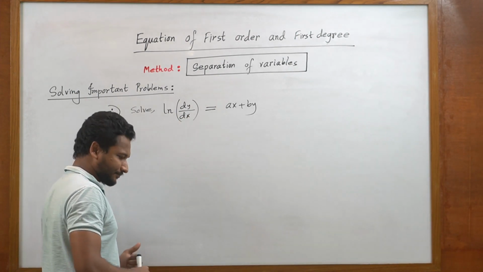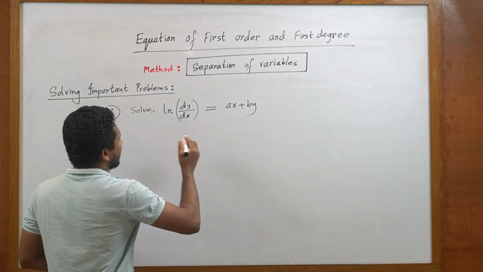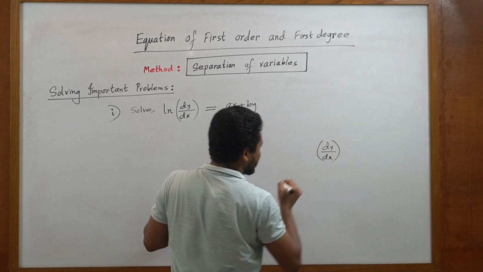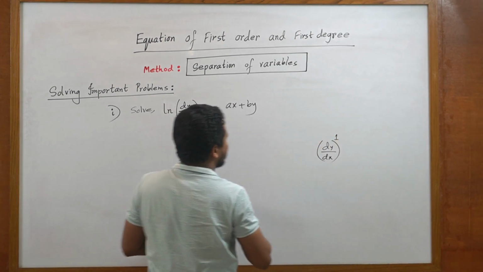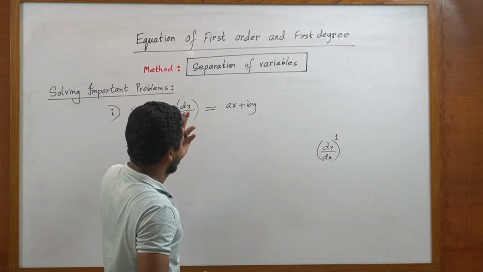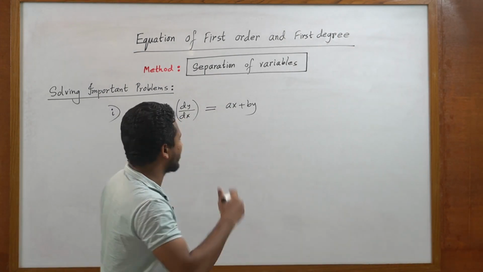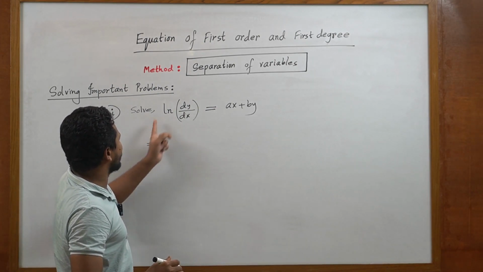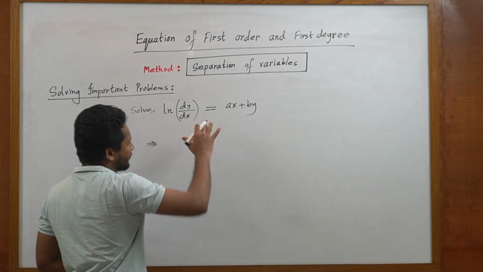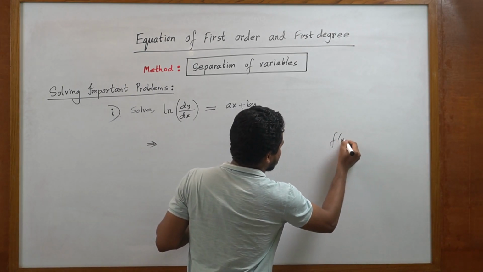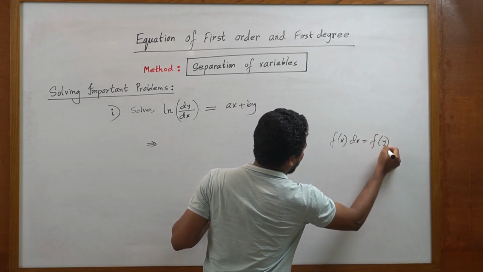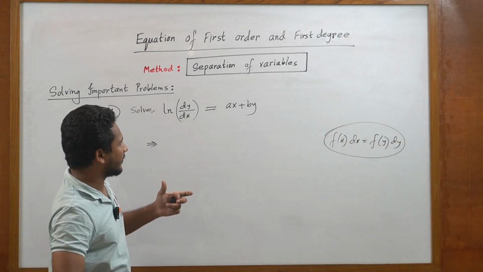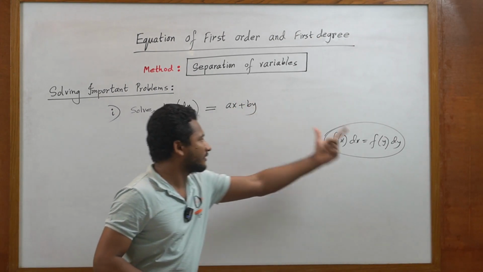So this is first order, and the power of dy/dx is 1, so this is first degree. Now we will convert this equation to the form f of x dx equals f of y dy.